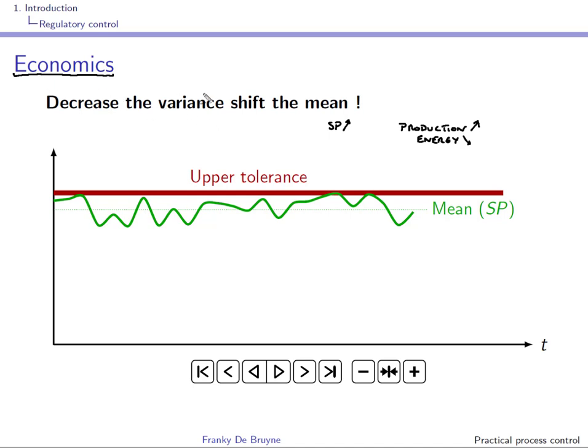And decreasing the variance is really disturbance rejection. So disturbance rejection is really an important component of control. People often have the tendency to think that set point tracking is very important and forget about disturbance rejection.